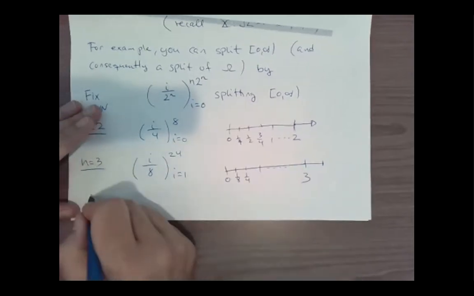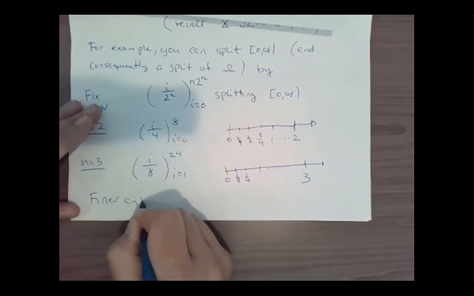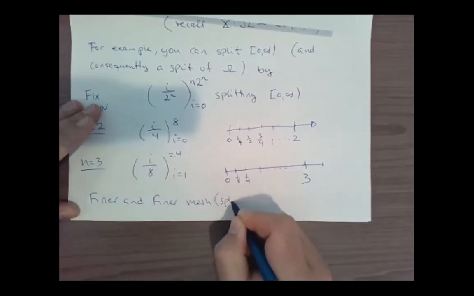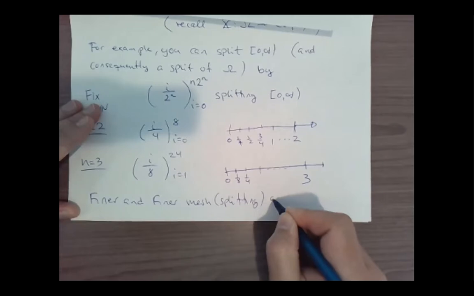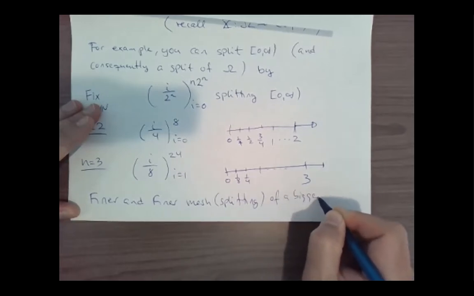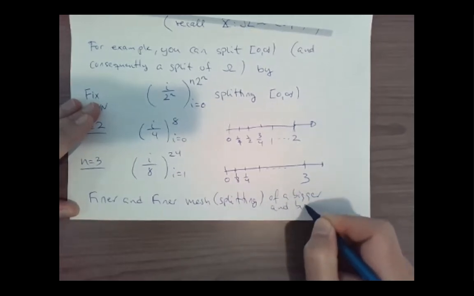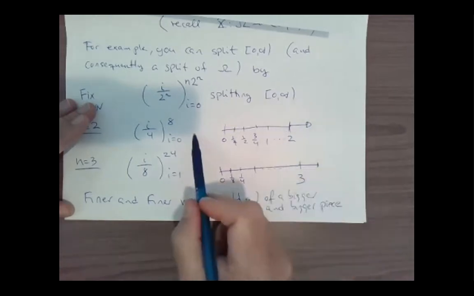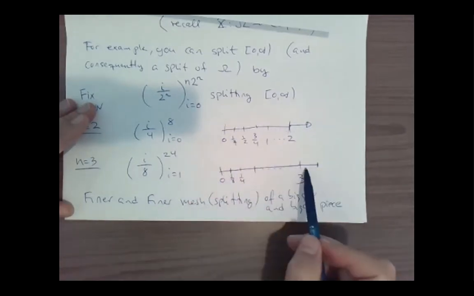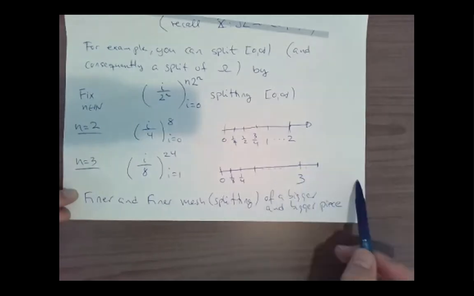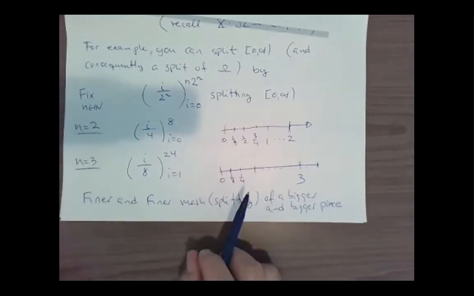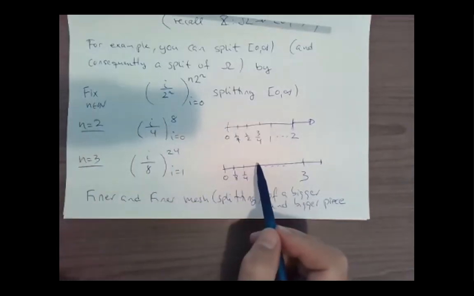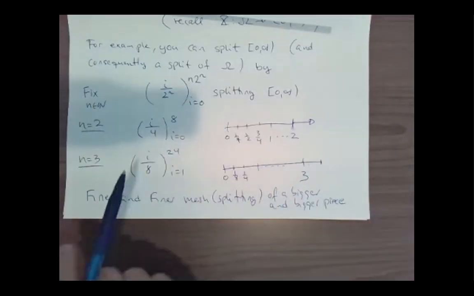And so I get a finer and finer mesh splitting of a bigger and bigger piece. Before I would do it up to 2, then up to 3, and then for 4 I'll do it up to 4, up to 5, and so on. So as n increases, I get a finer and finer splitting, and the splitting is bigger and bigger.